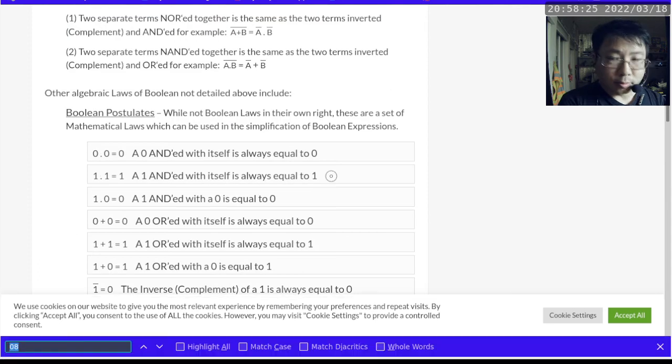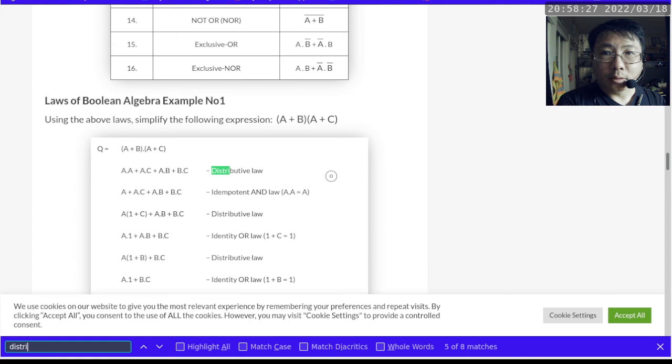Distribution should always be somewhere here. There we go. So we have the distributive law, which turns A or B and A or C into A and A, or A and C, or A and B, or B and C. But there's another distribution. So this is another distributive law. It's the same.